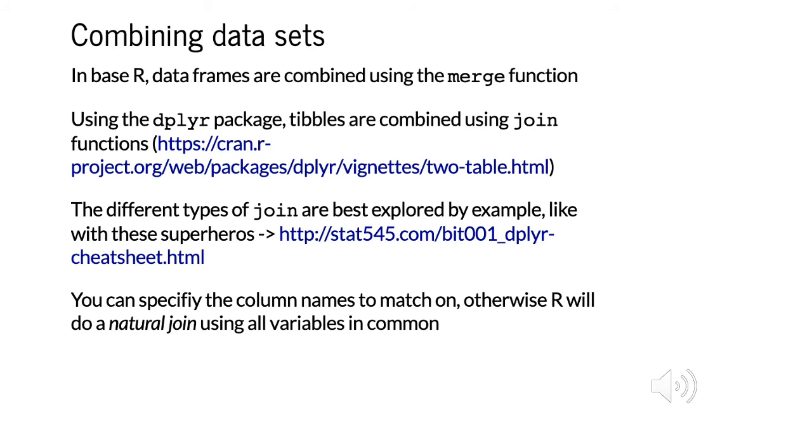I've presented some links here that allow you to read a bit more about them, and also some examples using superheroes that show you the different ways in which you can join data together. Importantly, there has to be at least one column name in common between the 2 data sets you're joining, and if you don't specify column names, R will typically do a natural join using all the variables that are in common between the 2 data sets.